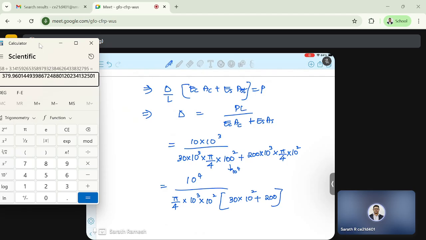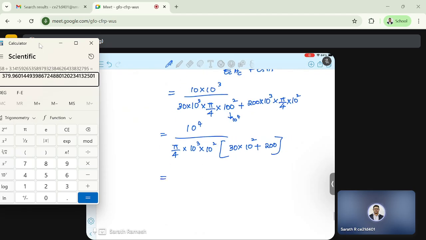So this is equal to 4 divided by 10 pi into 10 square, which is 100, 100 3s are 300, 3200.